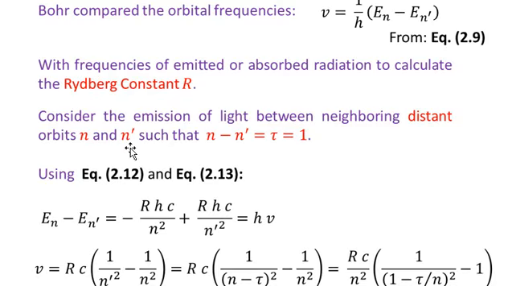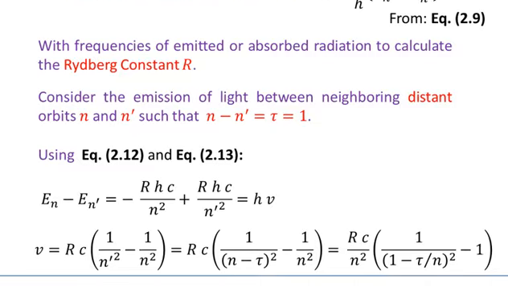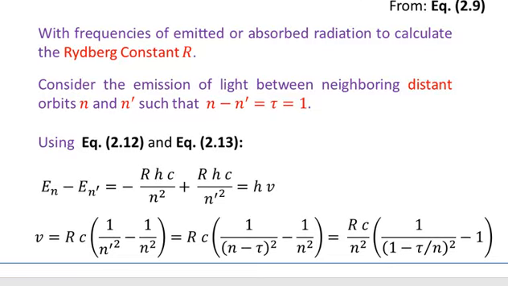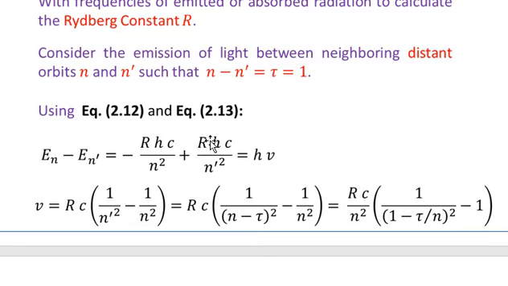So now n and n prime are large values, but they are consecutive values. That is, the difference between the two values is equal to 1. And you know that n is greater than n prime. That's why n minus n prime is equal to 1. So using equation number 12 and equation number 13, in this expression, we have En minus En prime is equal to minus RHC over n square plus RHC over n prime square.